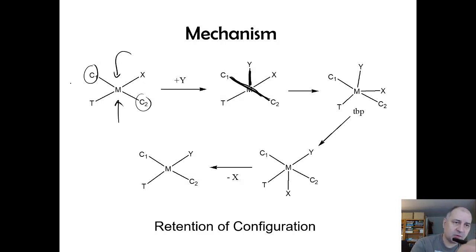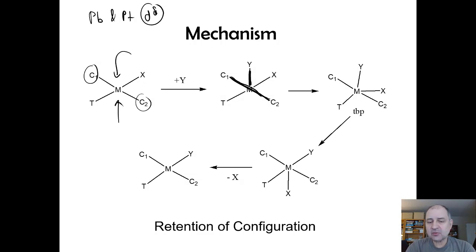And so, by the way, this is going to become important for palladium and platinum square planar d8 systems. And it will lead to retention of configuration. And so here's why. Once you have associated your incoming ligand, the leaving ligand X, and here we have T, the ligand trans to X, they rearrange to form a trigonal bipyramid.